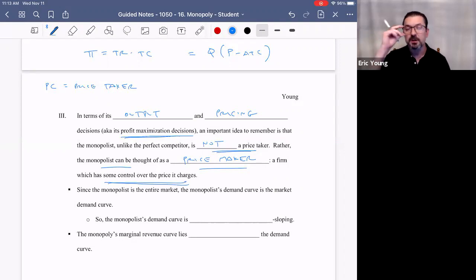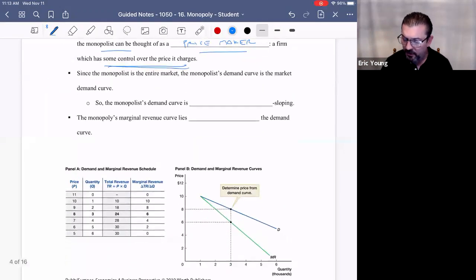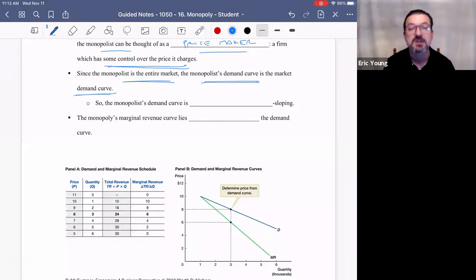So this is really important to understand. It's a big difference between PC and monopoly. The monopolist is a price maker. Another thing to bear in mind is this. Since by definition the monopolist is the only seller in the market, the monopolist is the entire market. And as a result, the monopolist demand curve is the same as the market demand curve.